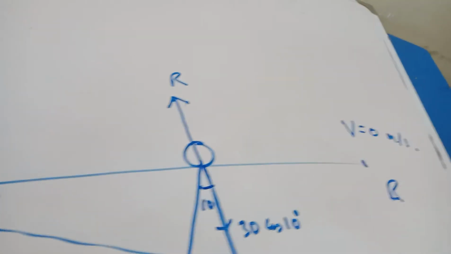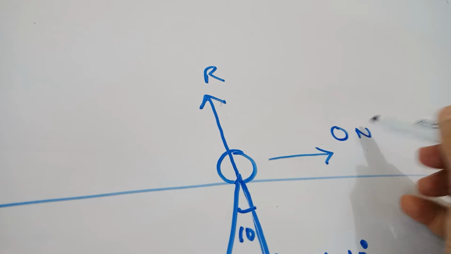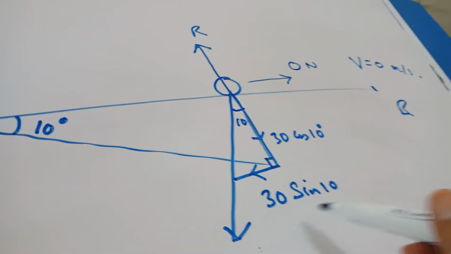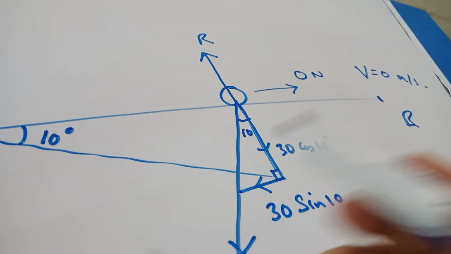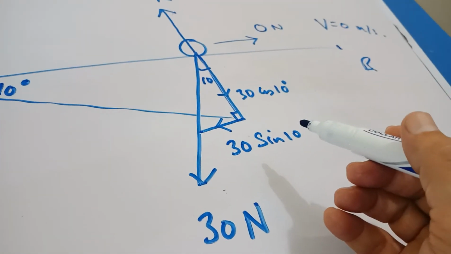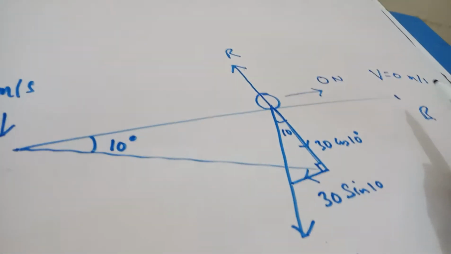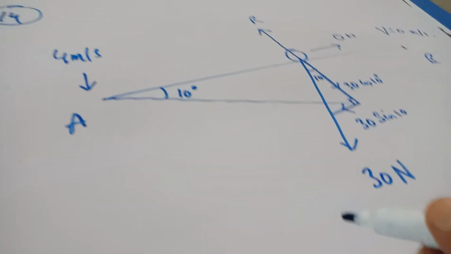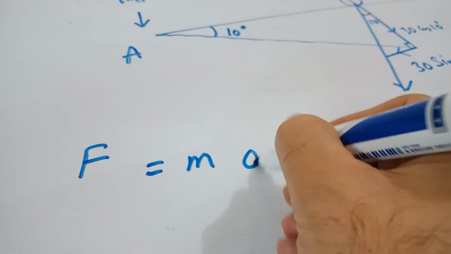So there is no forward force over here. I'm just going to mention this: there is 0 newton forward force, but there is a downward force, 30 sine 10, trying to bring this ball down the slope. Now we have to find the distance AB. We have the initial speed, we have the final speed, and our darling formula F equals ma will give us the acceleration.